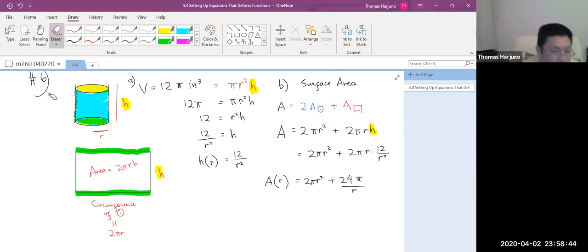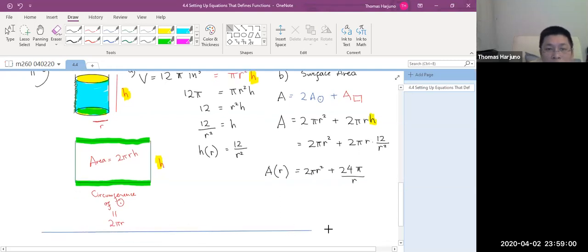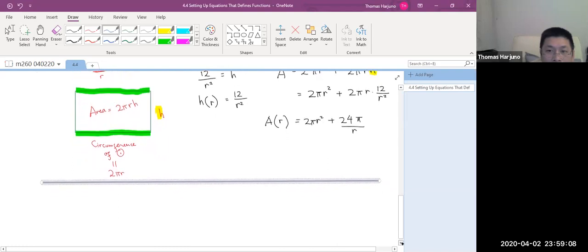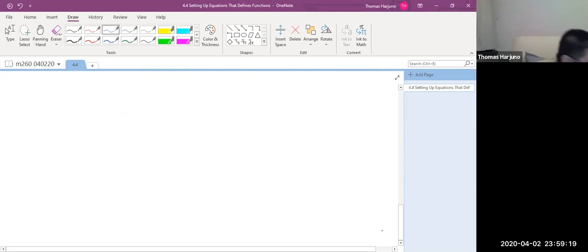Now, people think that this section is hard to teach, so when you study this on your own, if you find this to be hard, it means you are normal. The only time you will find this section to be easy is when you don't do anything. Okay, now that's for number 6.